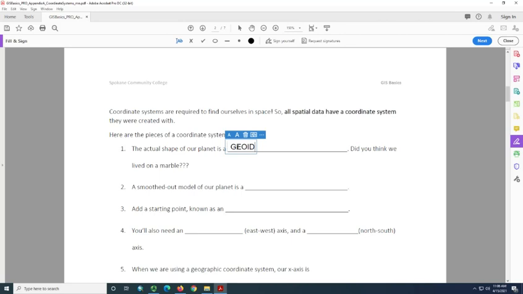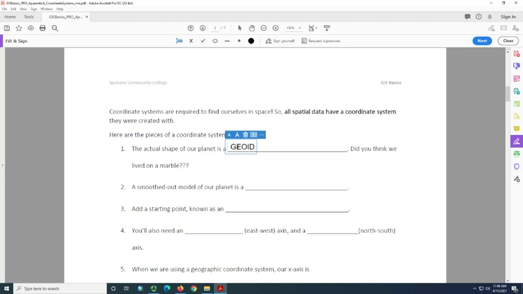It's all peaceful. But in fact, our planet is lumpy and bumpy. It has things like the Mariana Trench and the Himalaya, right? So our planet isn't flat, and it is not smooth, and it isn't made of glass either. It's a geoid. So that's the actual shape of the lumpy, bumpy place that we live.